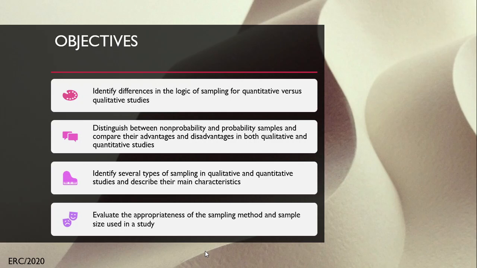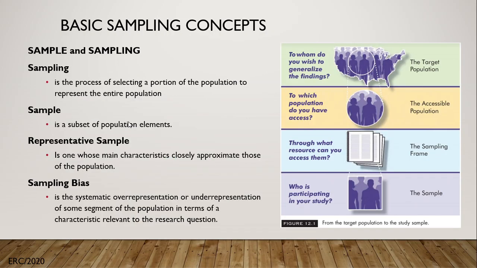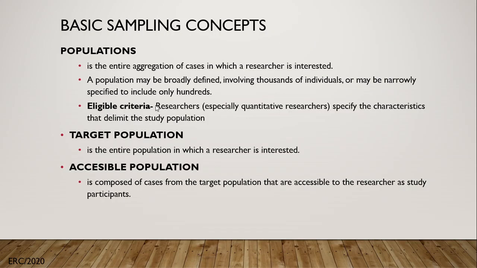Okay, but before that, we have to discuss first or to define the different concepts, or basic sampling concepts. Okay, population. Okay, population is defined as the entire aggregation of cases in which a researcher is interested.